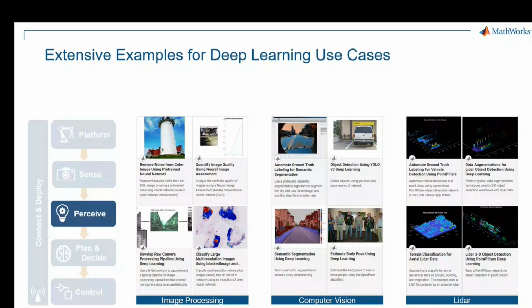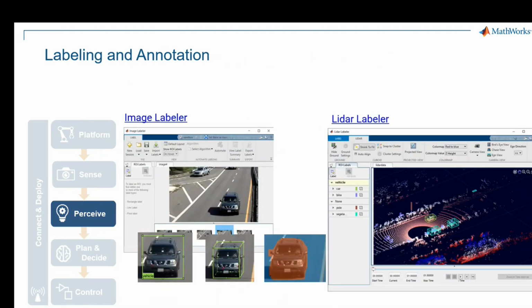It can be for image processing and computer vision, where we detect semantic segmentation and objects, and even for LiDAR point clouds. When using deep learning methods, we usually cannot just use the out-of-the-box model that is already trained. If we want to retrain it for our own data set, we need to perform what we call labeling and annotation of our data set.